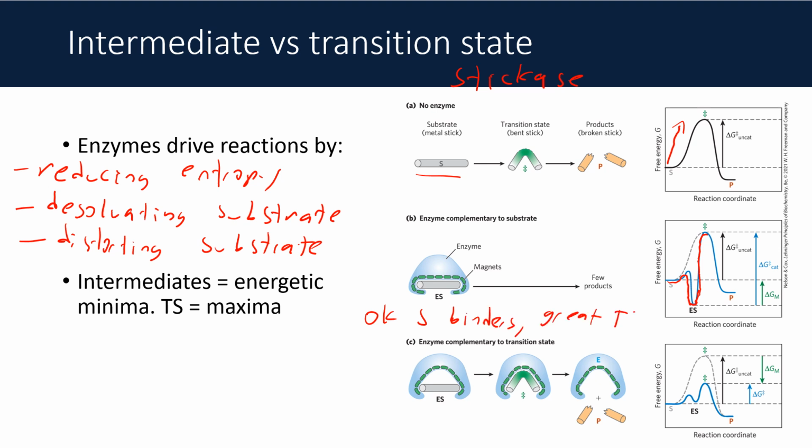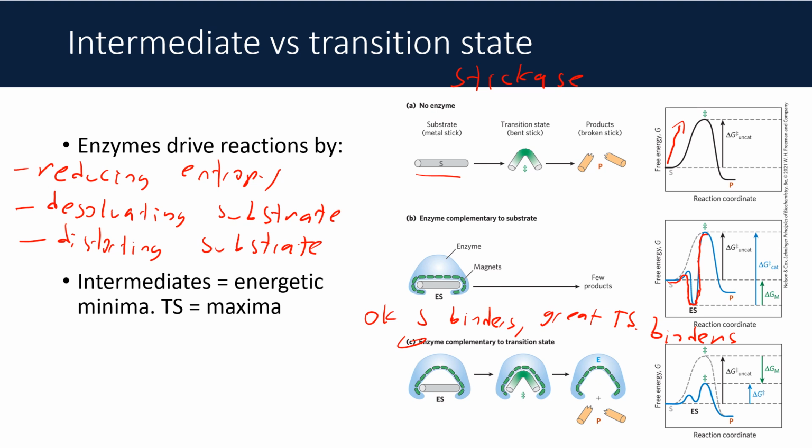Great transition state binders. Here, we will sneak in our metal stick into an actually useful enzyme, shown in C, and look, we are making contacts with magnets, so the enzyme is able to reel in the substrate decently enough.